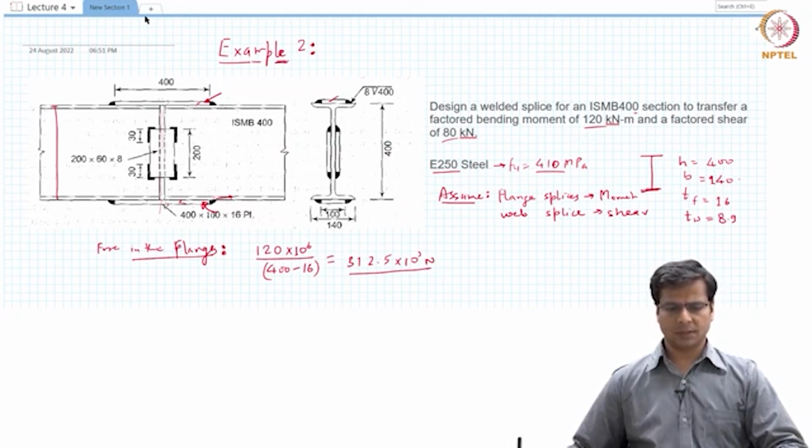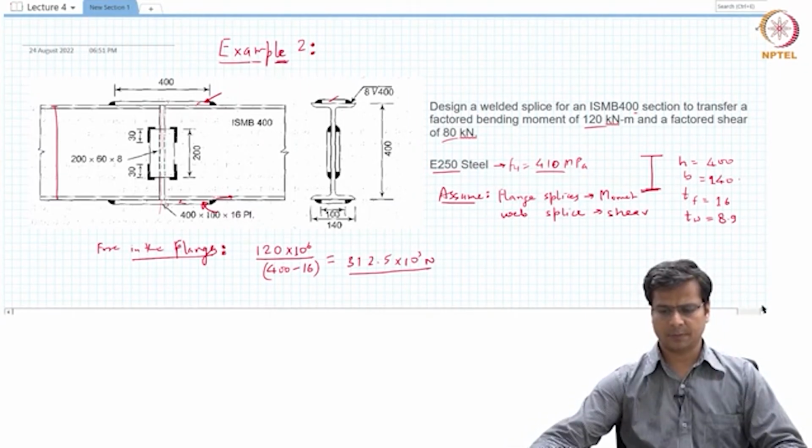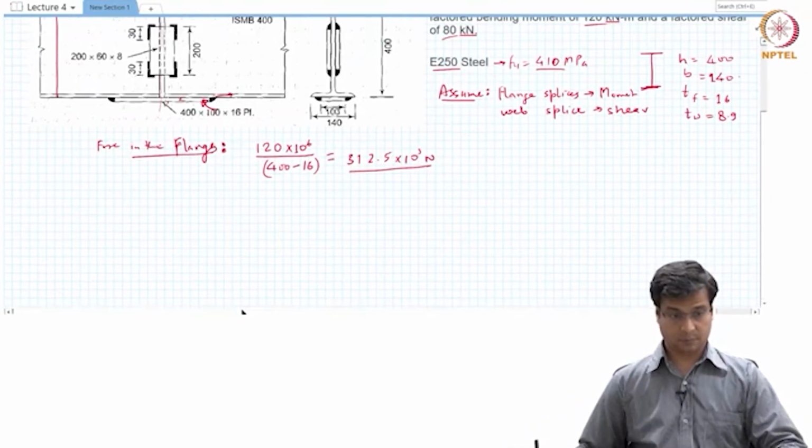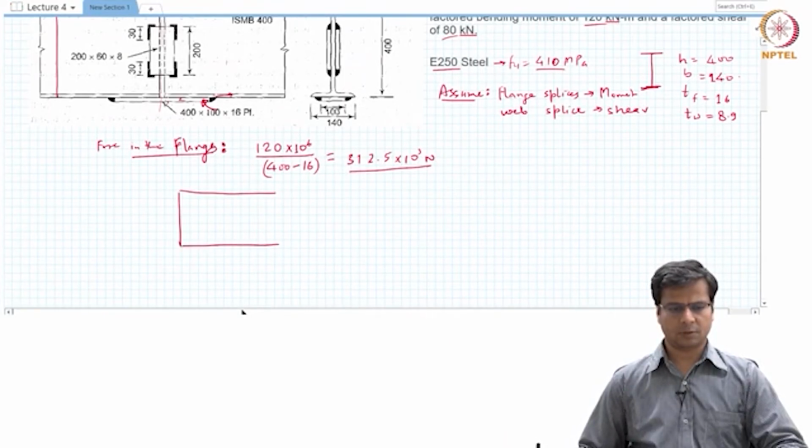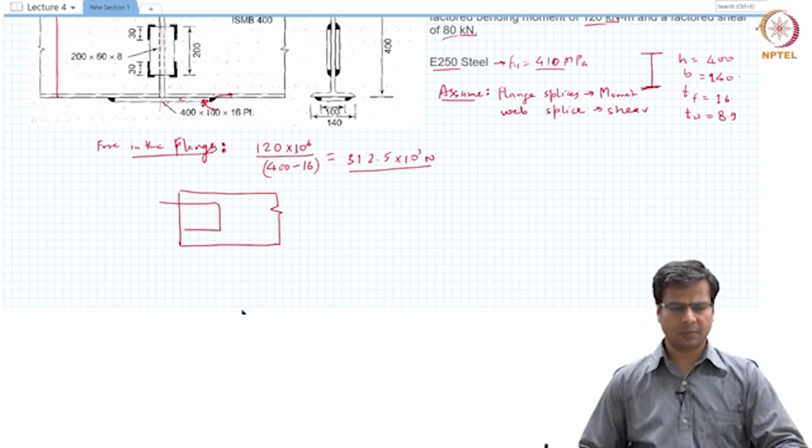If I can see this section from the top, this is the top flange. There is a web under it, I am not drawing that, and there is a splice plate which will be coming here, and a weld needs to be provided all around this flange splice.